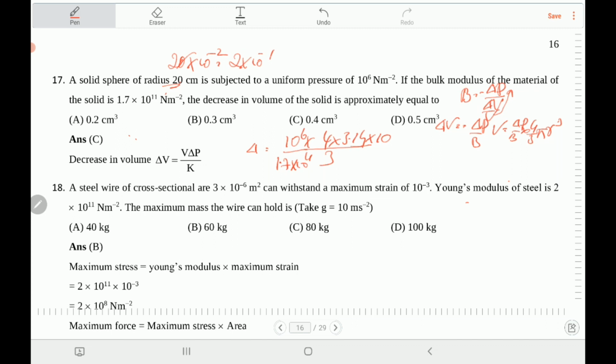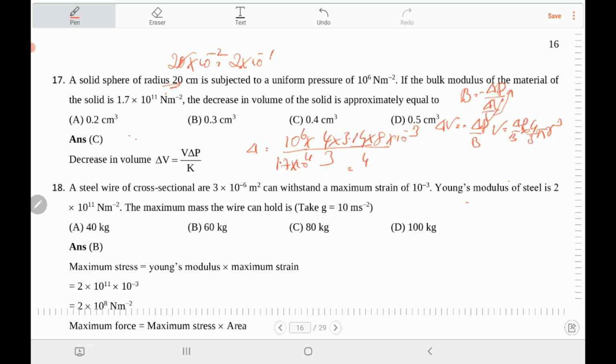Cube this. If you find the cube of this, I'll remove 3.14 into r. R is 2 into 10 power minus 3, whole cube. 2 cube is 8. Whole cube, 10 power minus 1 minus 3. So you are left with the value. How much?